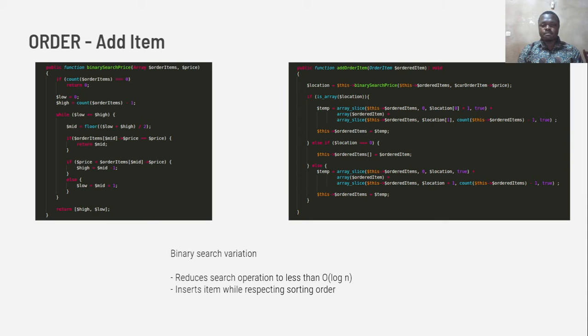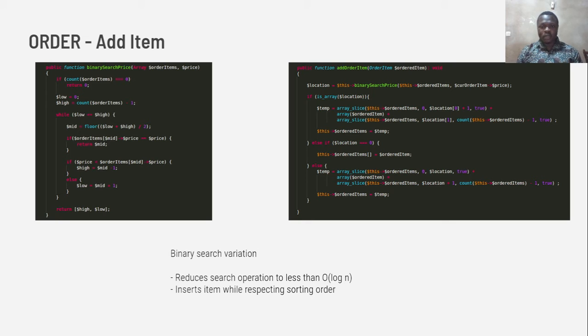Since at the level of the constructor we've sorted the values, rather than appending the other item at the end of the list, which will make the searching operation difficult, we use a variation of the binary search method.